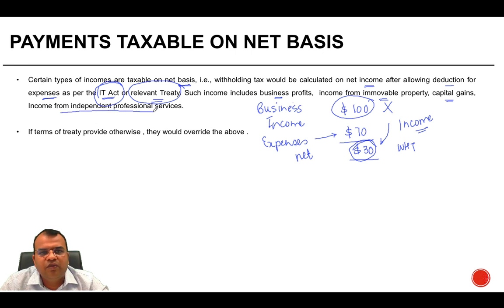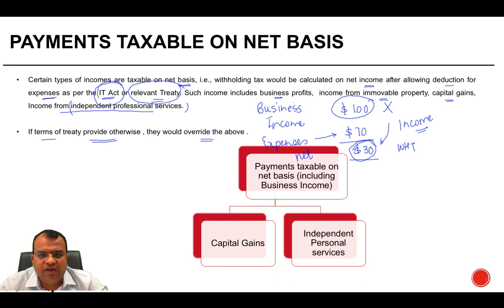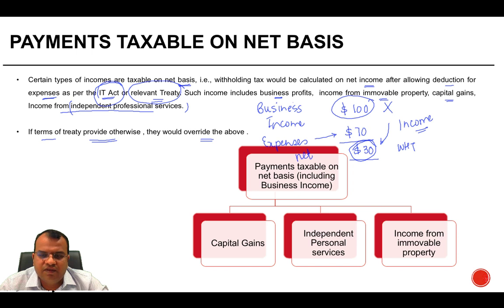Income from independent professional services, something like a professional or a consultant, if he is rendering some services in India and he has a fixed base in India, then their income is also to be calculated on a net basis. But yes, like I said, if the terms of the treaty provide otherwise, they would override these provisions. So payments taxable on net basis include business income, capital gains, independent personal services and income from immovable property.